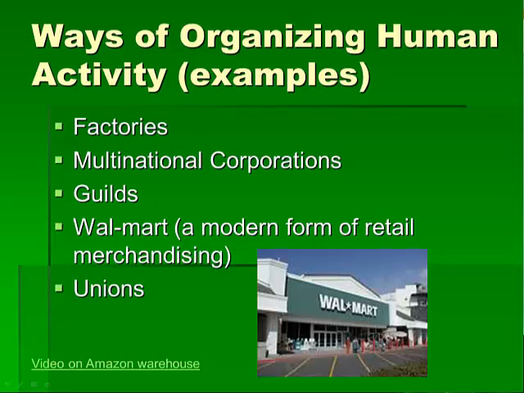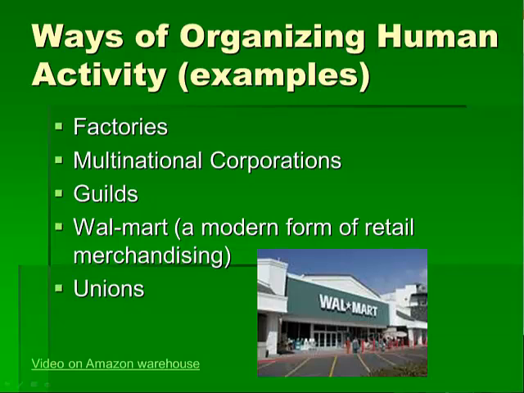Ways of organizing human activity have played a very important role in modern technology, not just in the creation of factories and mass production techniques, but also in the invention of new forms of organizations such as the multinational corporation.